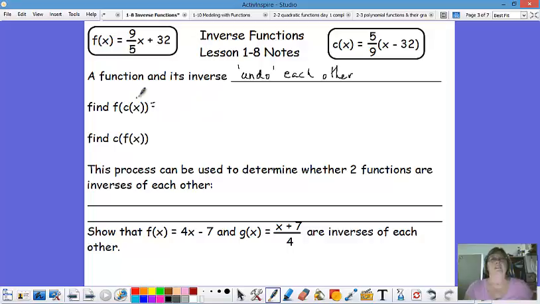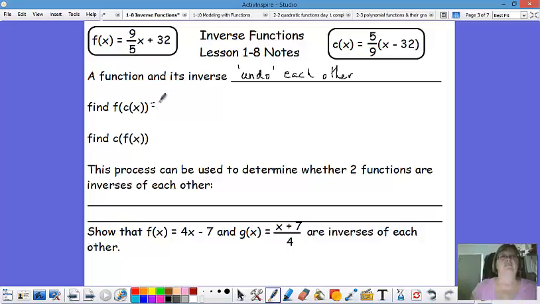And to show you what we mean, we're going to work a little bit with the compositions of these functions. You'll remember from the previous lesson that this notation says find f of c of x, which means use c of x as input to the f function. So c of x is 5/9 times the quantity x minus 32. We are going to replace that in the place of x in this function.